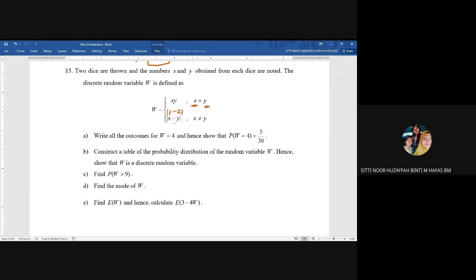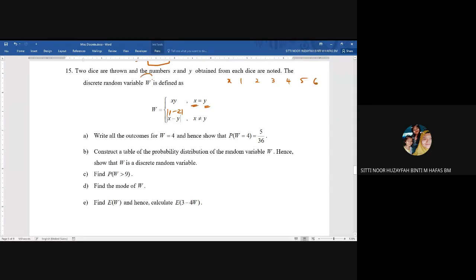It's just the difference between the two numbers on the dice. So we have to know what the outcomes on x and y are first. For x, it can be 1, 2, 3, 4, 5, and 6, right? Because on the die we have 6 surfaces.